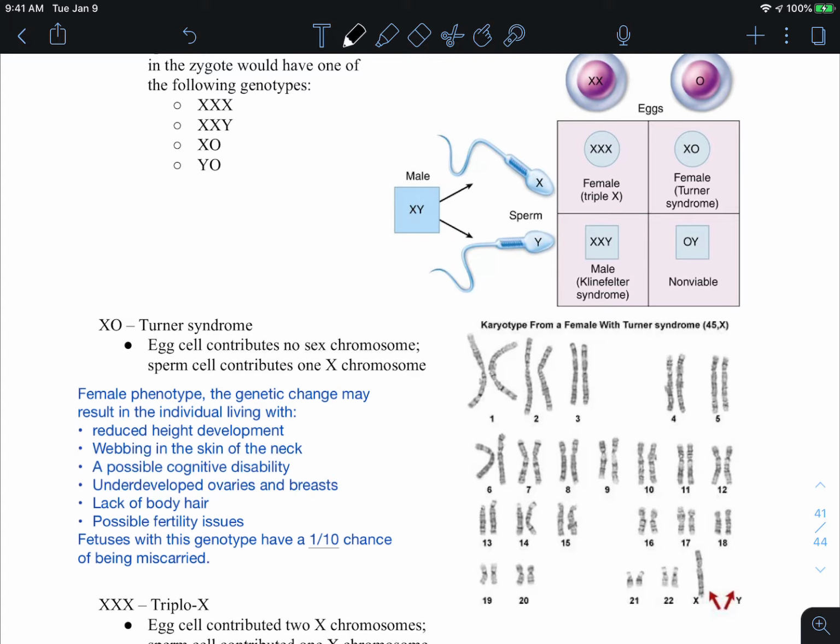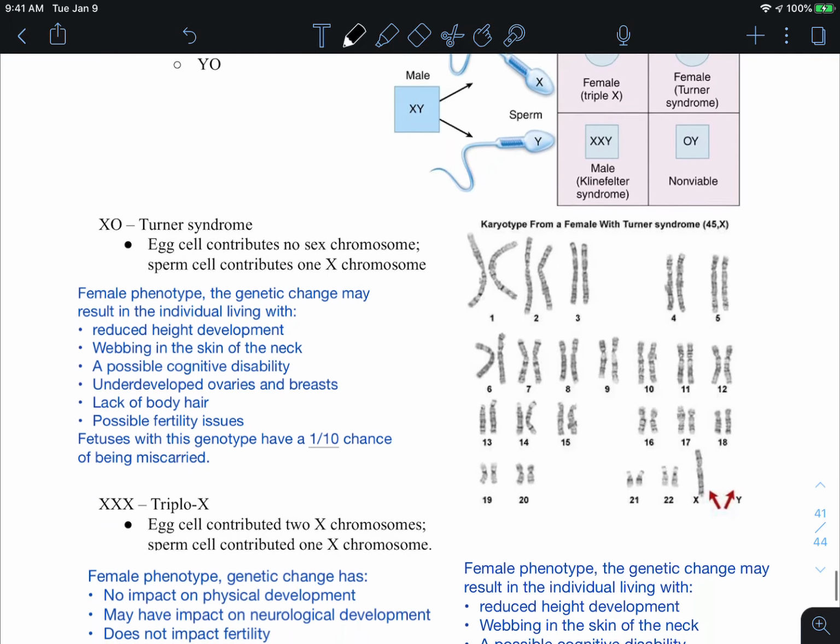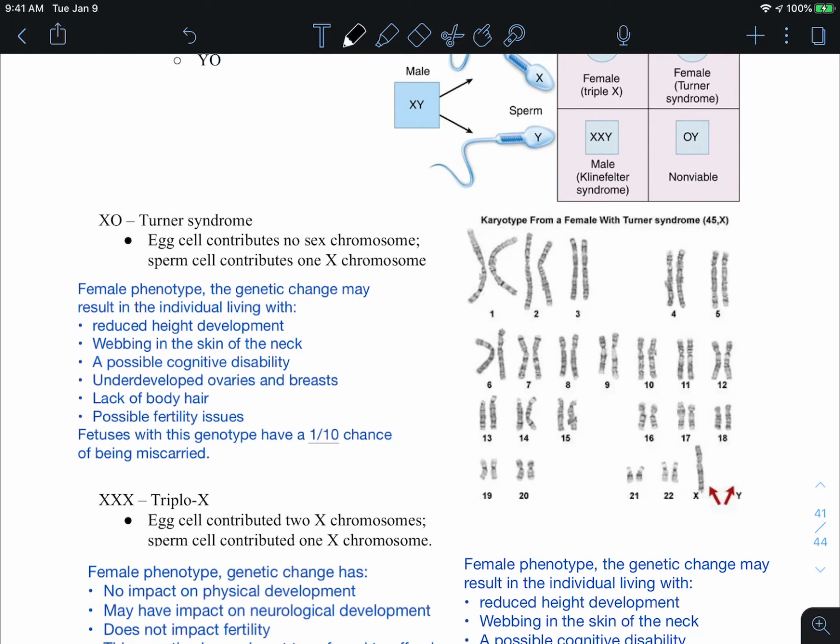This is sort of additional skin that grows in the neck area. There are examples of cognitive disabilities for these individuals, as well as underdevelopment of the ovaries and the breast tissue. They may also live with a lack of body hair and possible fertility issues.